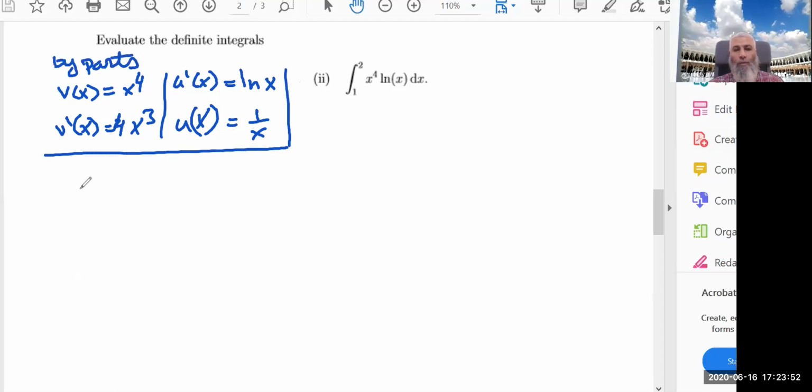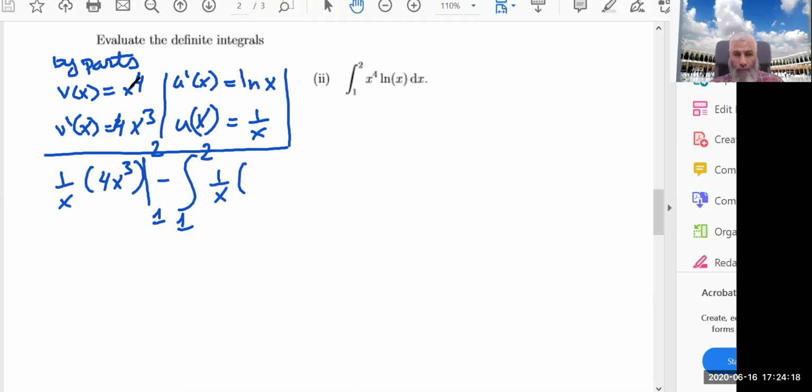So u dash is 1 over x, right? Yes. Multiply 4x cubed, minus integration from 1 to 2 of u of x, which is 1 over x, multiply what?